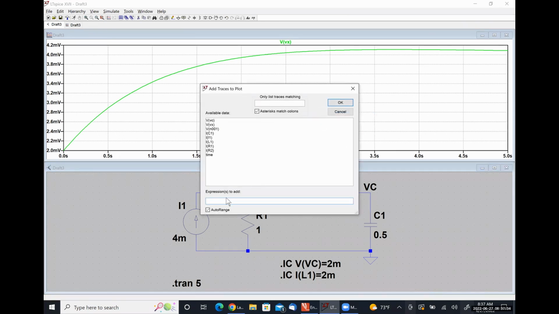So I'm going to add a trace, -2/9 times 1e to the -3, because I want it to be in terms of milliamps, times time times exp -2/3 time.